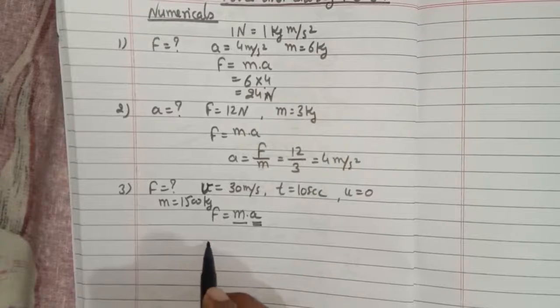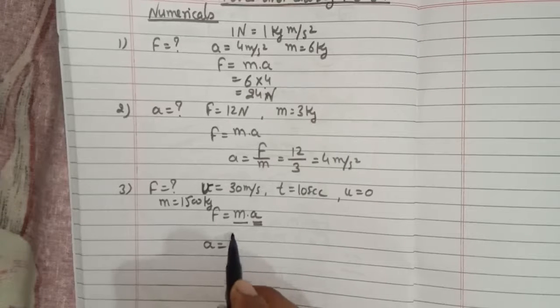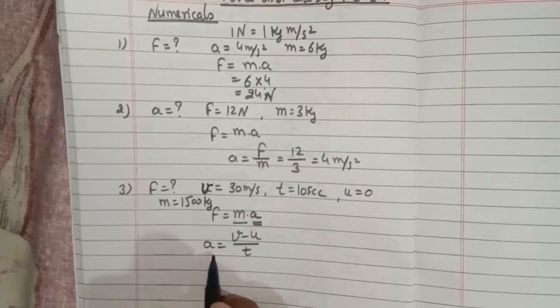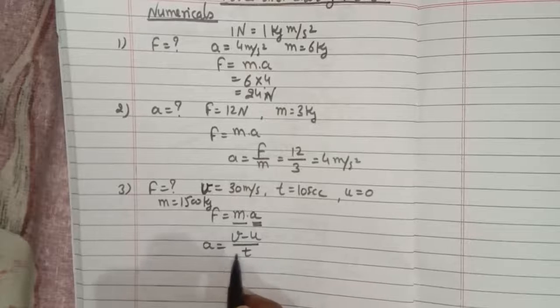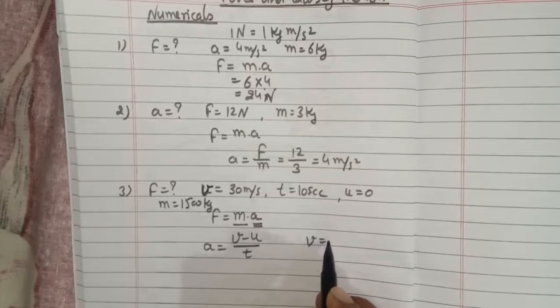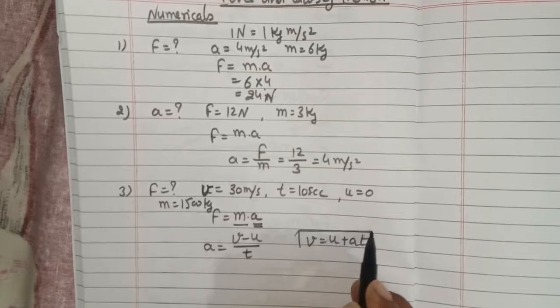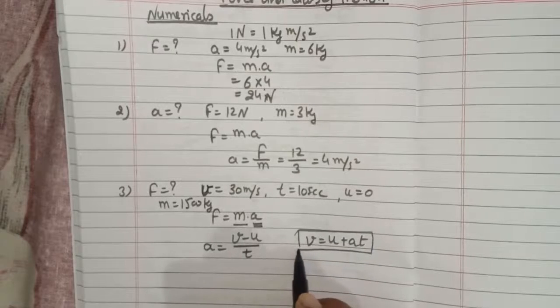According to the formula of acceleration, acceleration is equal to final velocity minus initial velocity divided by the time. Even though we can apply the first equation of motion, that is v is equal to u plus at. The equations of motion are really important and can be used in any chapter.